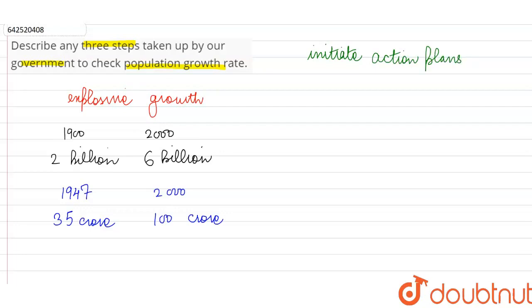So in 1951, the government took initiative to control the rate of population growth, and these programs were called the family planning programs.